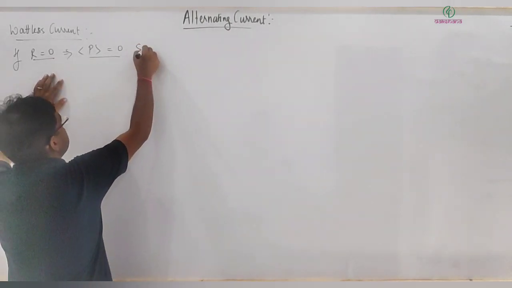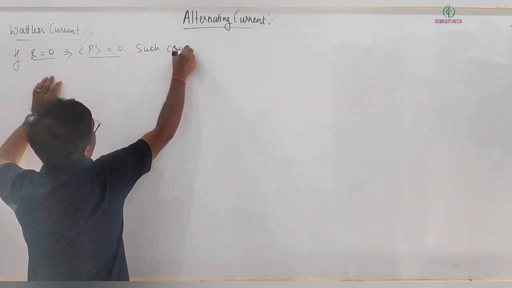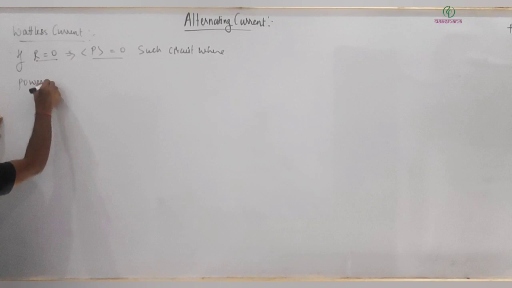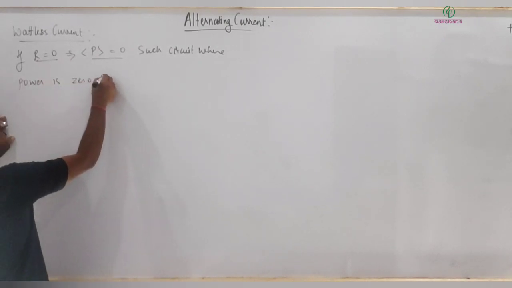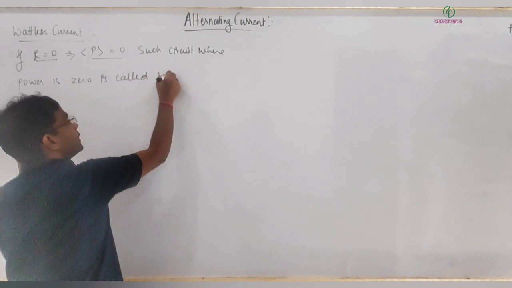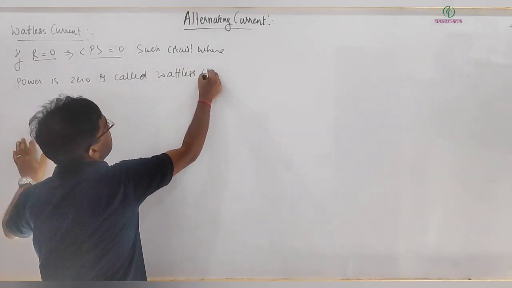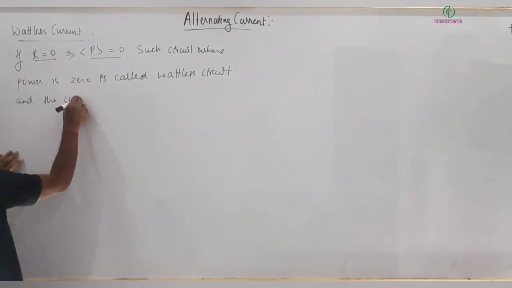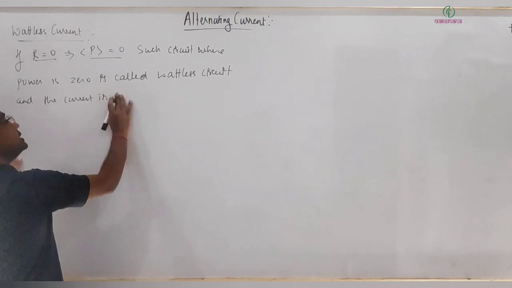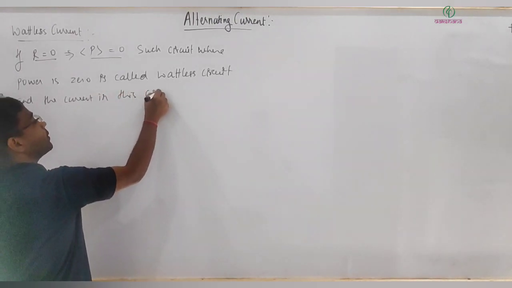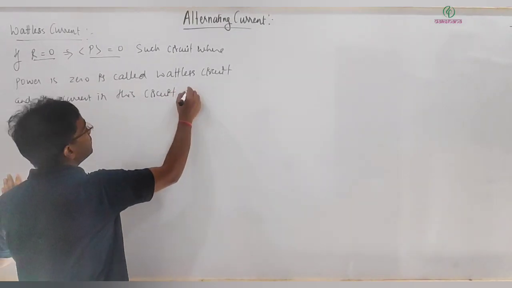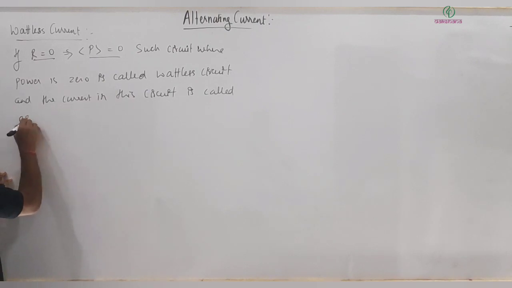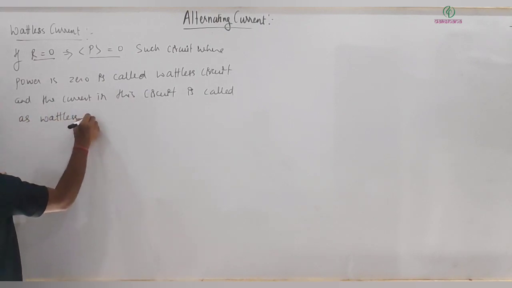So such a circuit, where power loss is 0, is called a wattless circuit, and the current in this circuit is called wattless current.